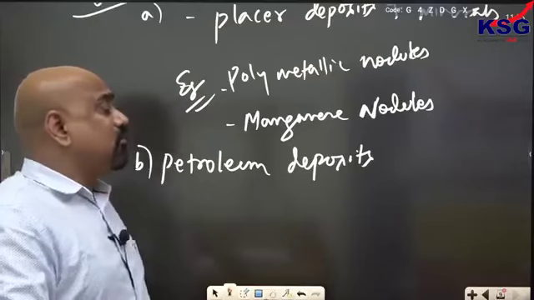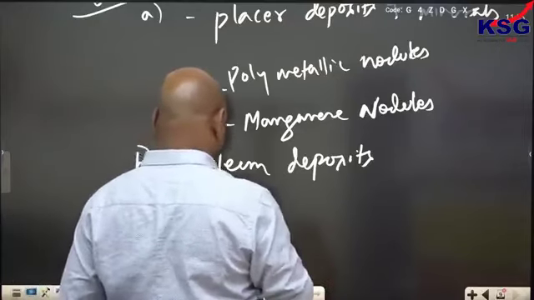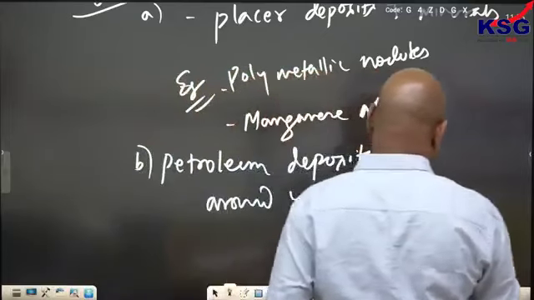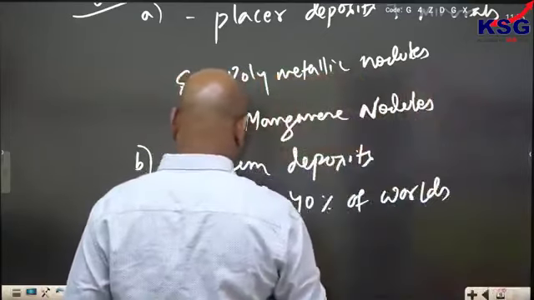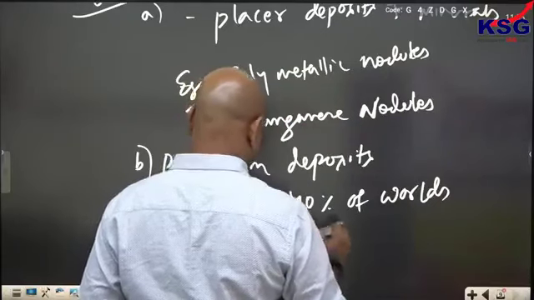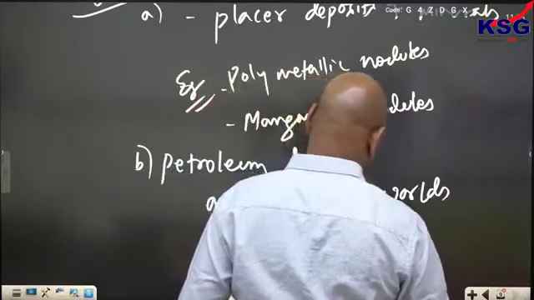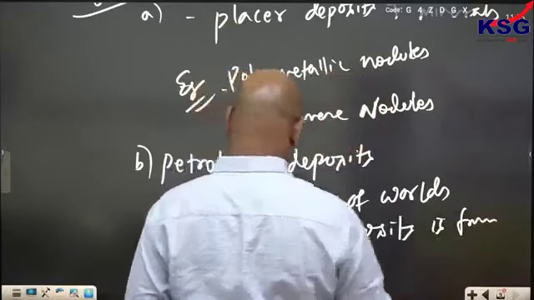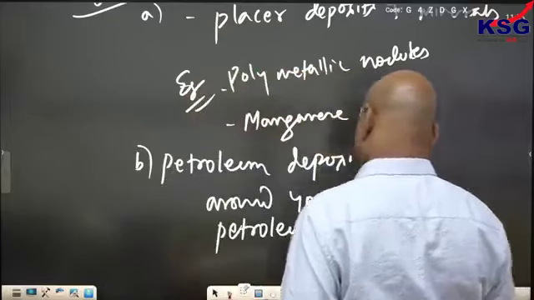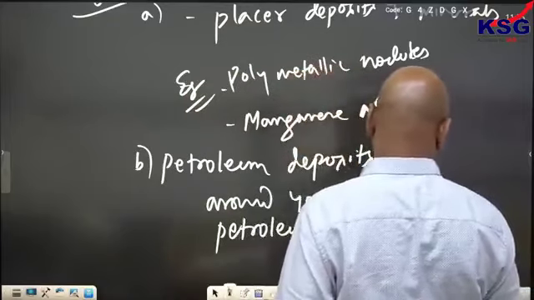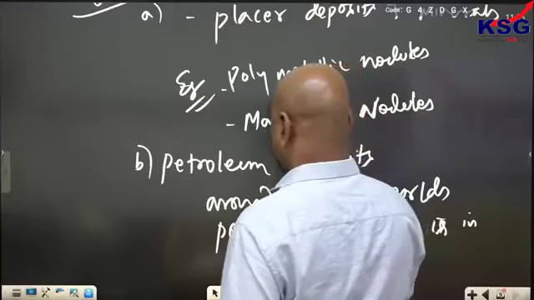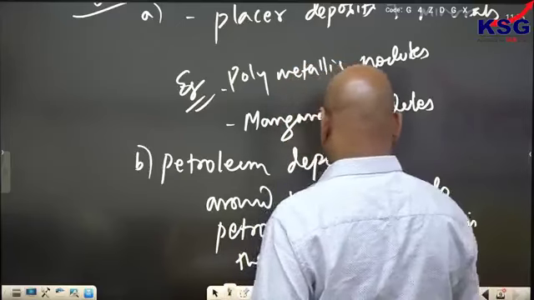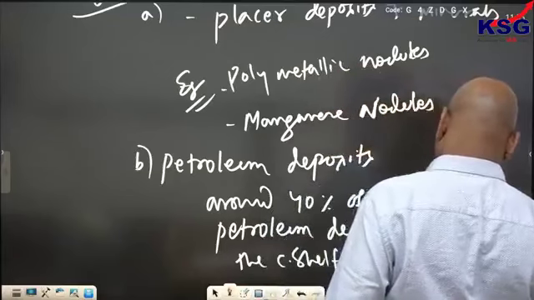Around 40% of the world's petroleum deposits is from the shelf area, the continental shelf area of the ocean.